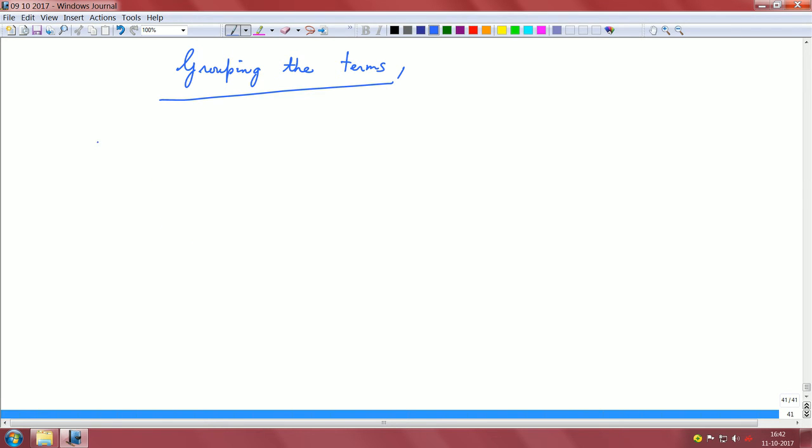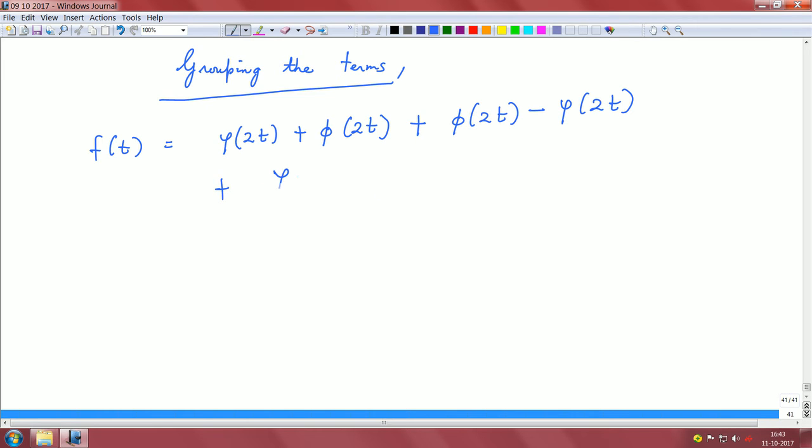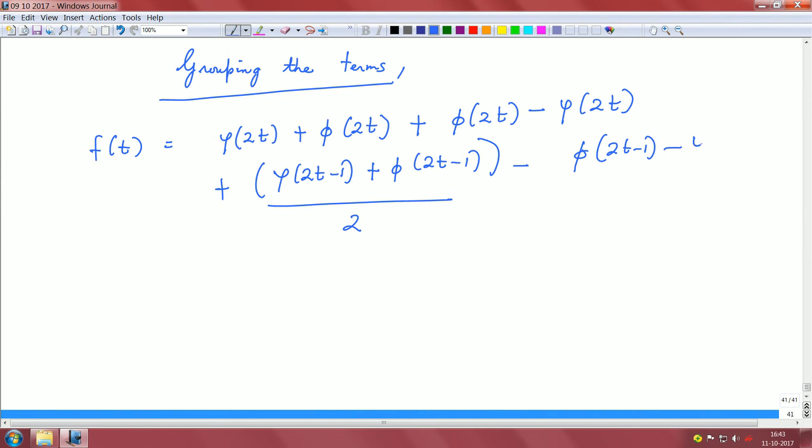So, grouping the terms, f of t is basically (psi 2t plus phi 2t plus phi 2t minus psi 2t) upon 2, plus (psi 2t minus 1 plus phi 2t minus 1 minus phi 2t minus 1 minus psi 2t minus 1) upon 2.